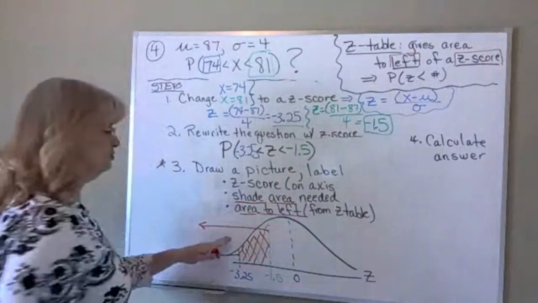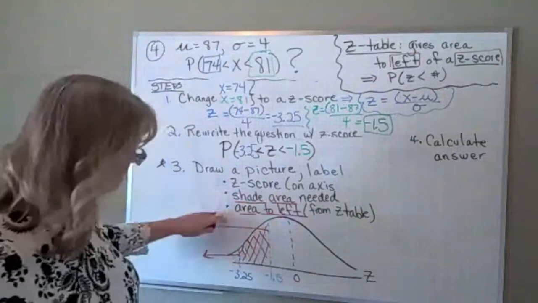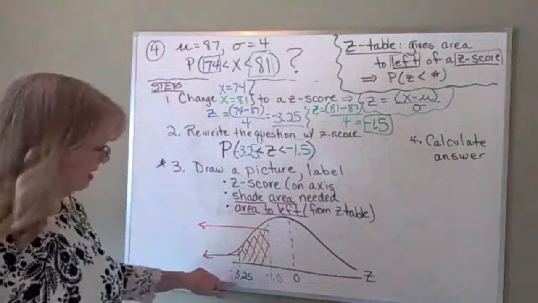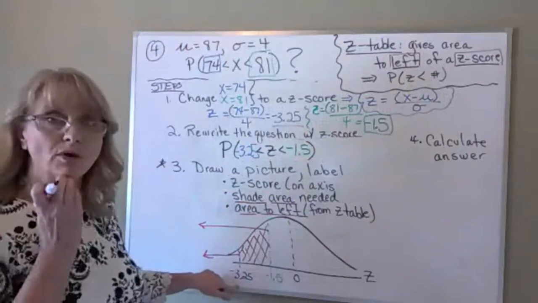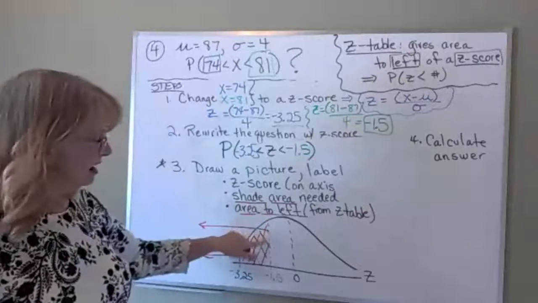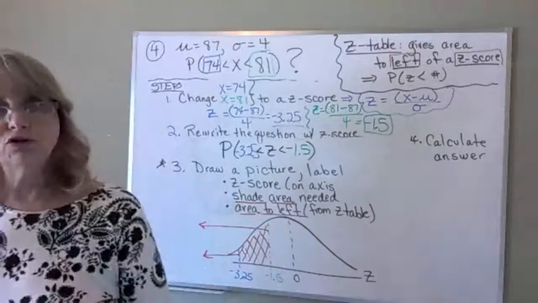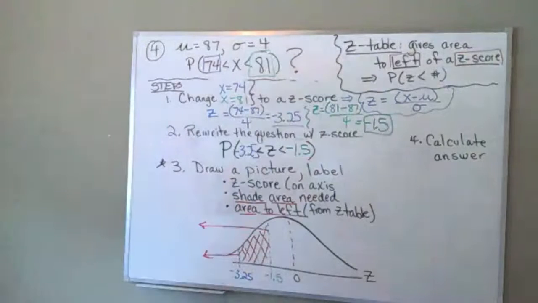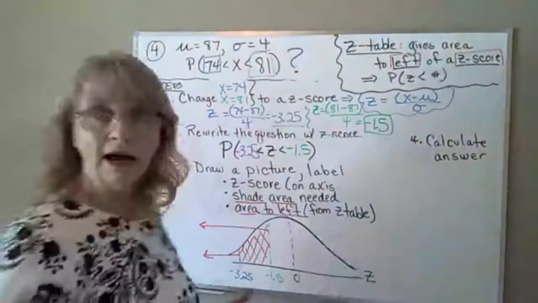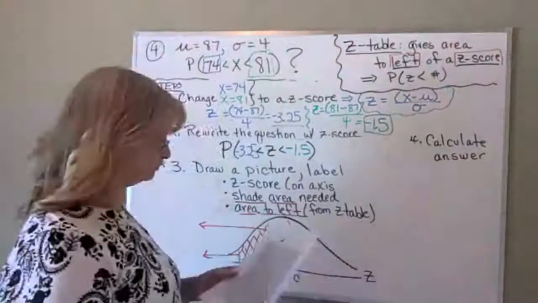So I'm going to use the z-table and look up both of these areas. The area to the left of negative 3.25 and the area to the left of negative 1.5. So use your z-table. Hopefully you have that printed off or pulled up on your computer.